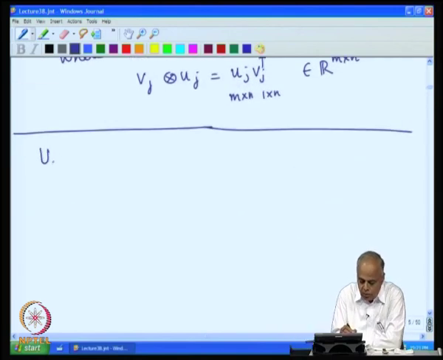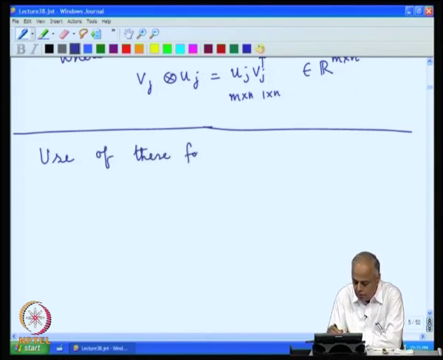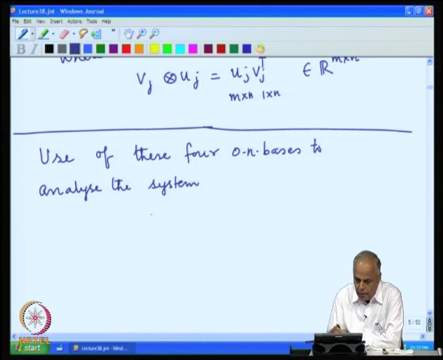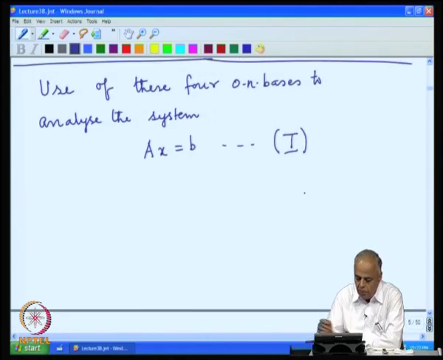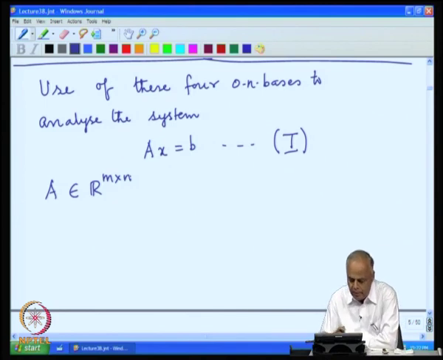So, the use of these 4 orthonormal bases to analyze the system A x equal to b. Let us denote the system by 1. So, the problem is A is given, the matrix, it is a real m by n matrix.